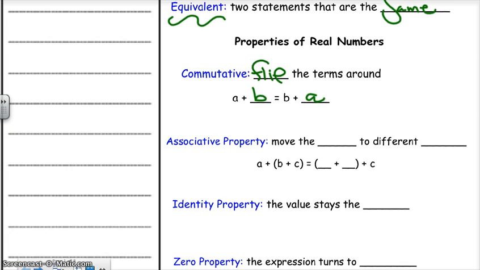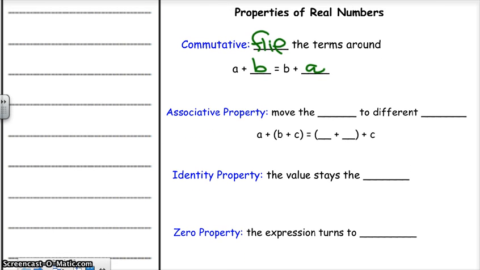Associative property, what you do is move the parentheses to different terms. Terms means part of an expression. A, B, and C are all terms of an expression.